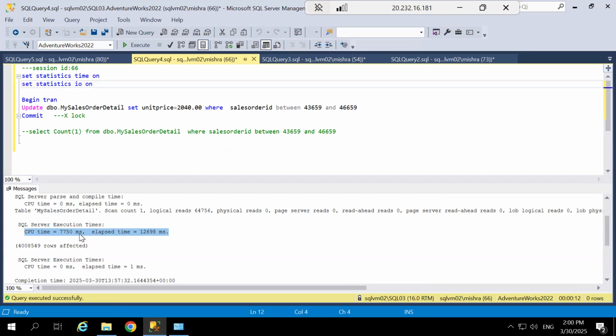What's the difference between CPU time and elapsed time? Many of the people are very confused, and this gives you a very good idea, right? Where the query is actually taking time for the execution, or actually it is waiting for something, right? Waiting for some resource. So when it is waiting for some resource in the session state, it will show the status as suspended, right?